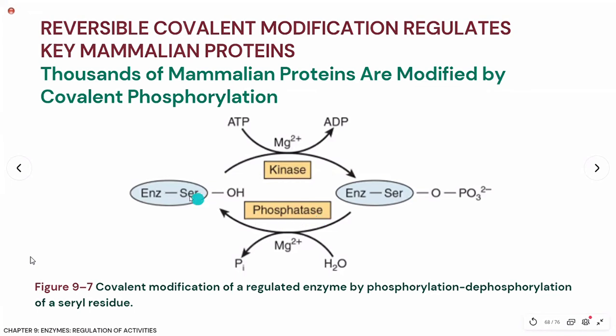So we have an inactive enzyme. Now supposing this is already active, adding a phosphate makes it inactive, and removing that phosphate with a phosphatase then activates it. The ones that I mentioned: glycogen synthetase and glycogen phosphorylase.